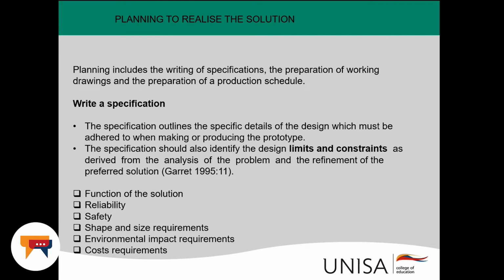Then you also specify the shape. What will be the shape, the size, the requirements of the product or prototype? Then, what are the environmental impact requirements? Is it going to be environmentally friendly? What will be the impact on the environment?